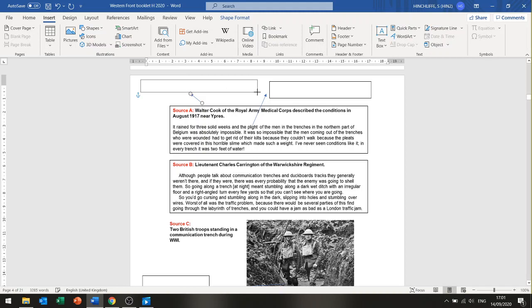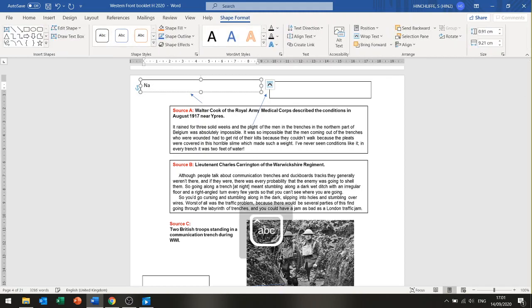So you always want to consider the type of source. Here it doesn't say a diary, but it seems to be some sort of account, Walter Cook describing medical conditions.